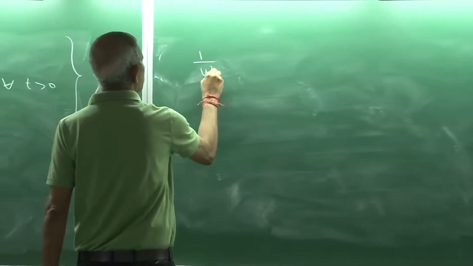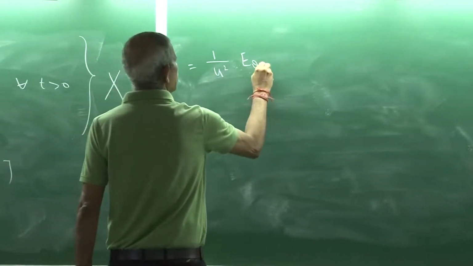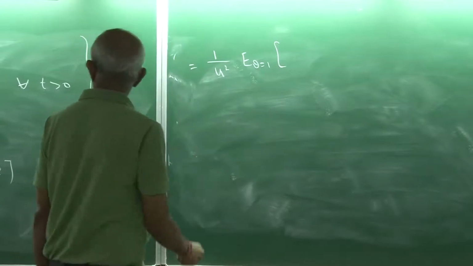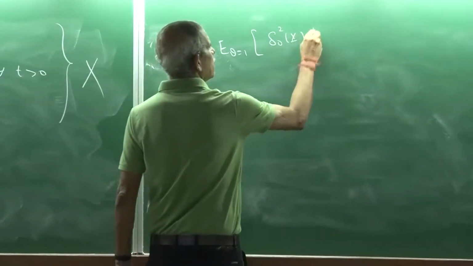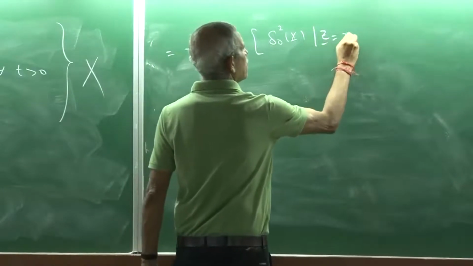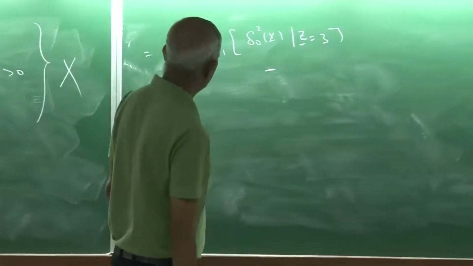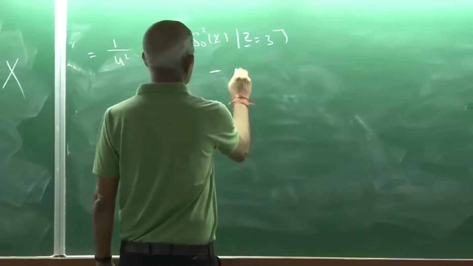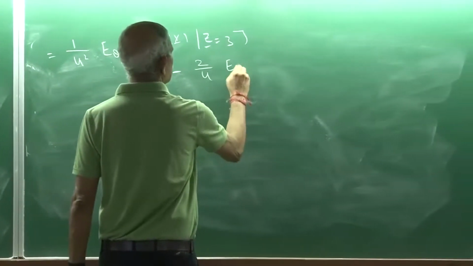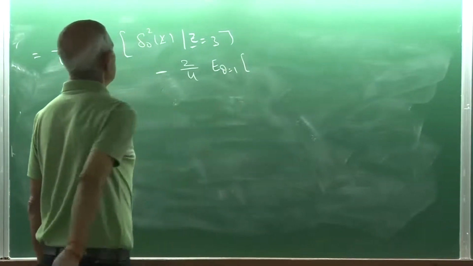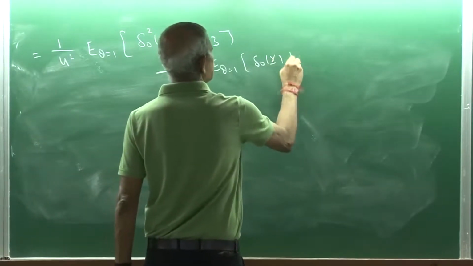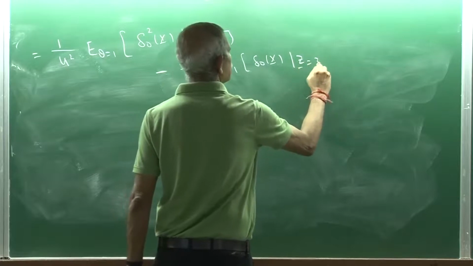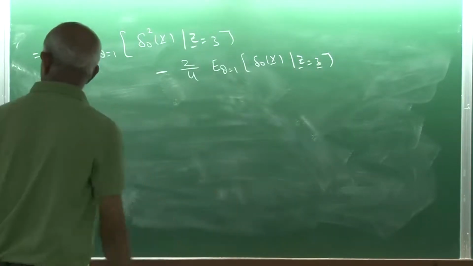So what does that mean? That becomes 1 upon U square, E at theta equal to 1 of delta naught square, minus 2 by U, and plus 1.